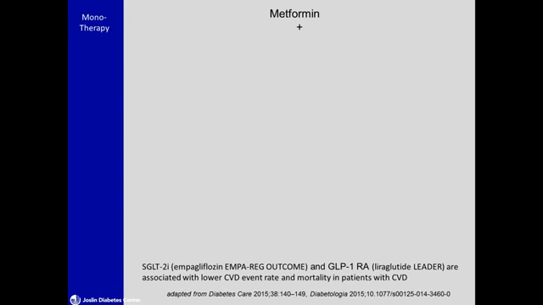So treatment for reaching glucose control is the same as for adults. Metformin is the first line, is very well tolerated, and is low cost.